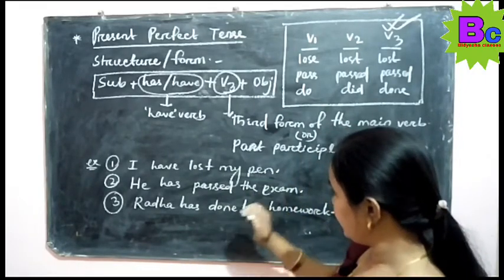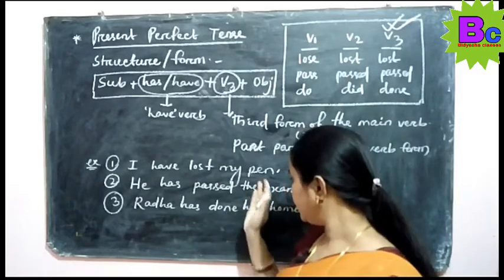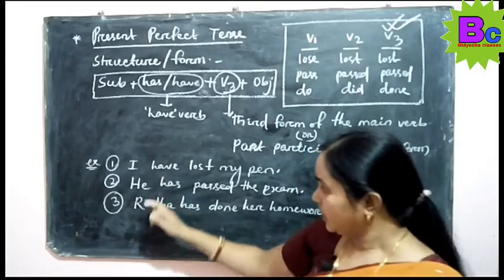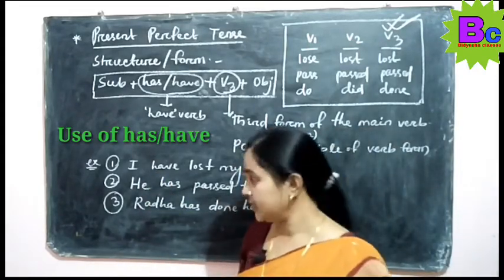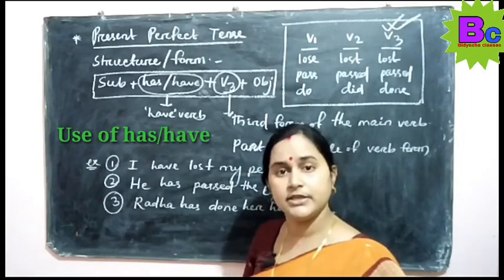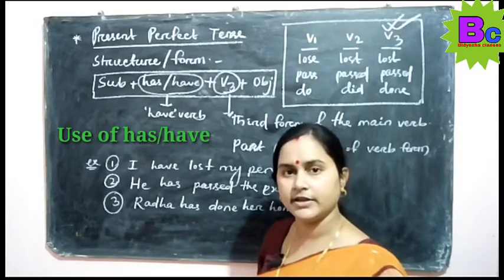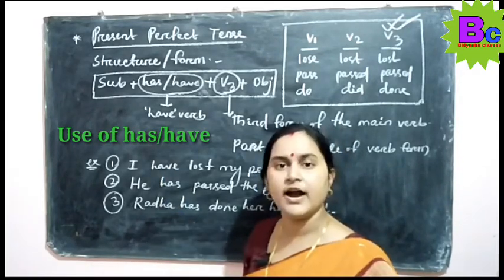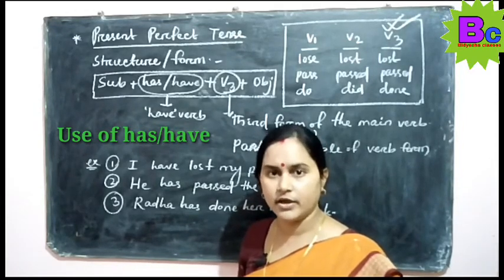And here my pen, the exam, and homework are our objects. Here my dear students, always remember that third person singular subjects, that is he, she, it, and any name, take has with them. And other subjects take have with them: I have, you have, they have, we have.